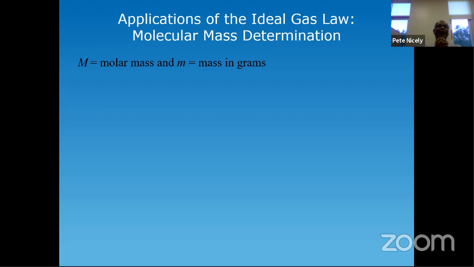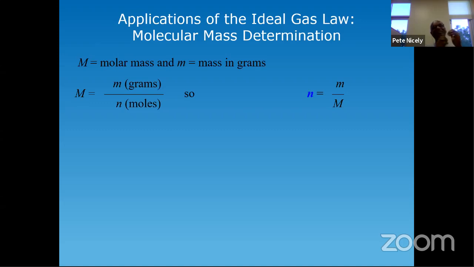Now, in order for us to know how to do this, I'm going to introduce uppercase M as representing the molar mass of a gas, and lowercase m represents the mass in grams, right? So if that is true, then the relationship between those two terms would be given as what you see on the screen here.